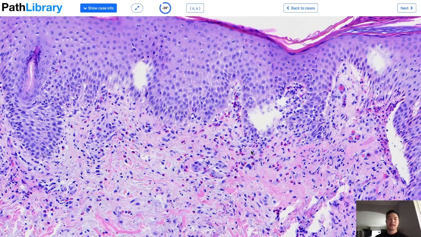Okay, so that's how you differentiate the linear immunofluorescence findings of bullous pemphigoid and EBA. Bullous pemphigoid to the roof and EBA to the floor.